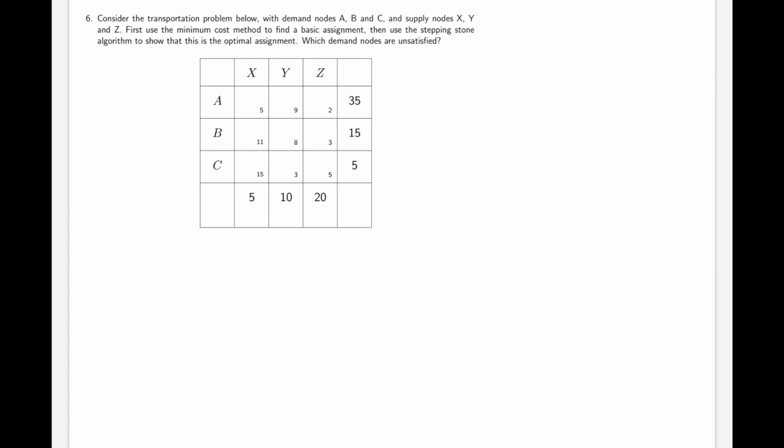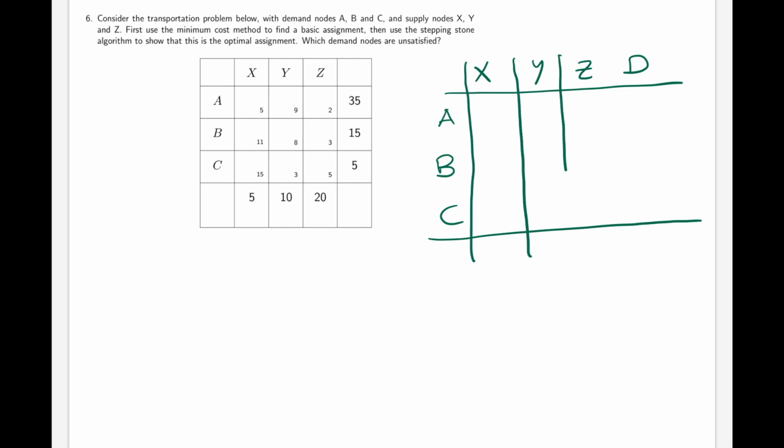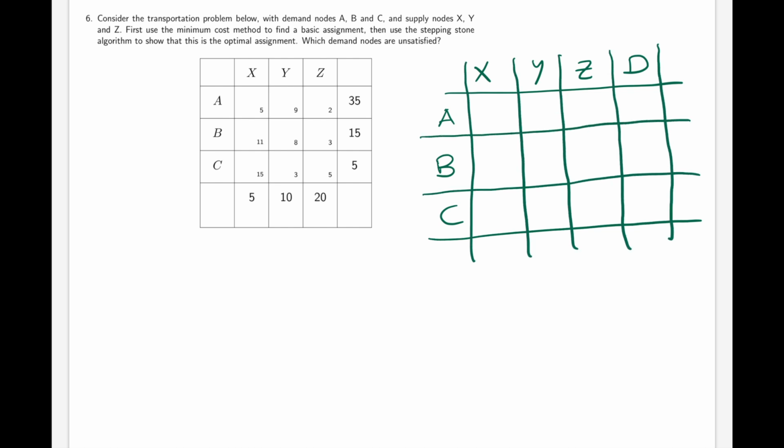So to do that, we'll have to redraw this table with a dummy supplier and the same 3 demand nodes. And we have 20 units of unmet demand, so that means the dummy supplier will supply 20 units of unmet demand.